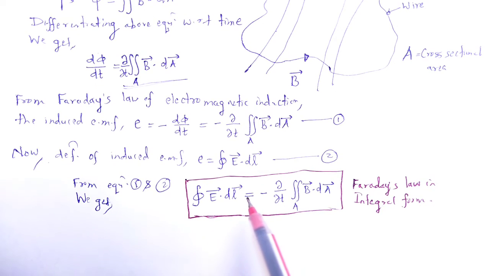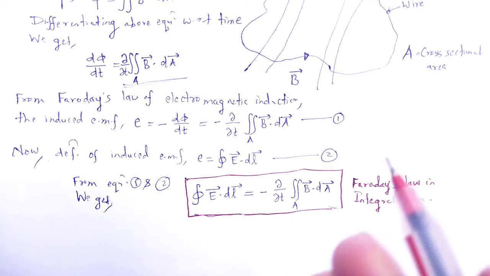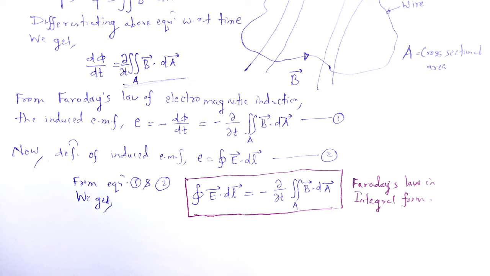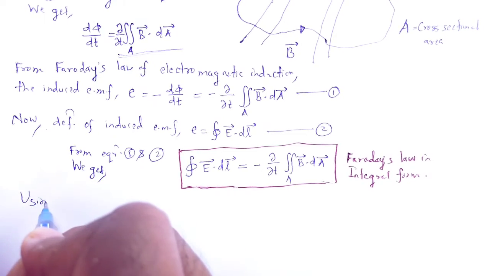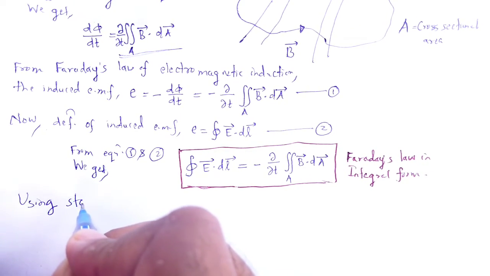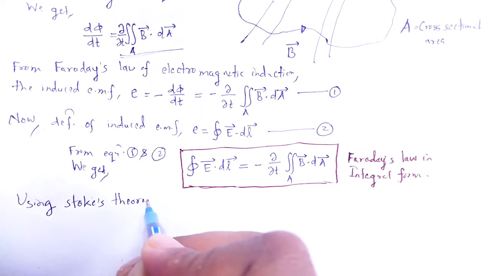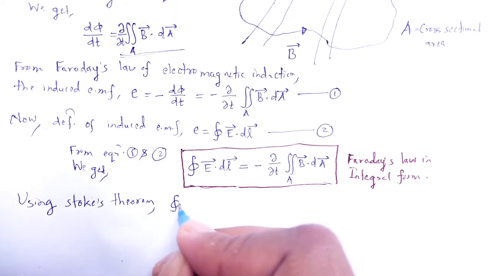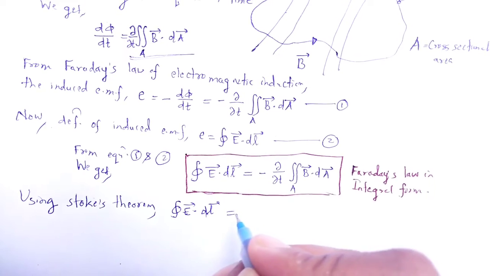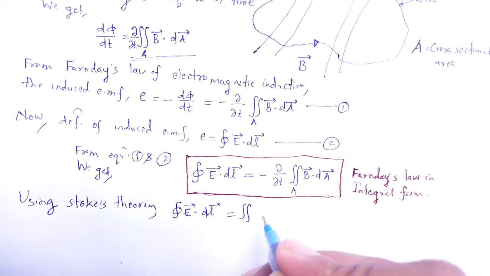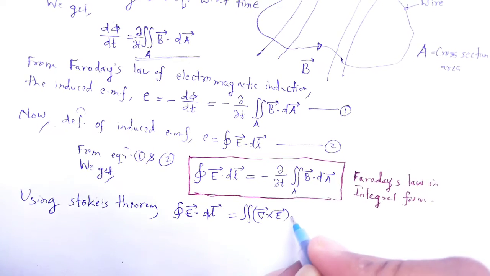Now, here we can use Stokes' theorem to convert that line integral to a surface integral. So, the line integral of E dot dl can be written as the surface integral of the curl of that vector, grad cross E dot dA.